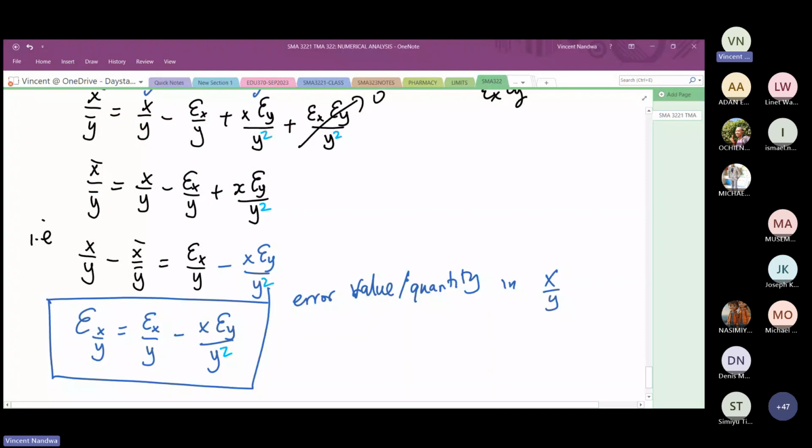Now you can say, if you are to put under the same LCM, we'll have y squared, then y times error in x minus x error in y will be the error in x over y.